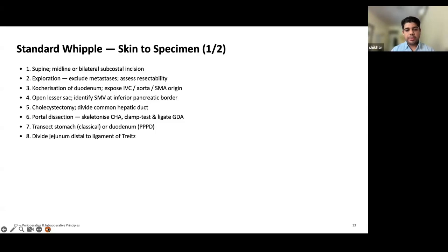It can be a classical Whipples, in which we do the transection of the distal stomach, or a pylorus preserving pancreaticoduodenectomy, in which we transect at the level of D1. Once the stomach or duodenum has been divided, then we'll go for the division of the distal jejunum, that is distal to the ligament of Treitz.